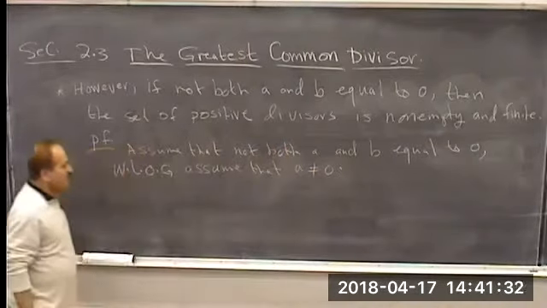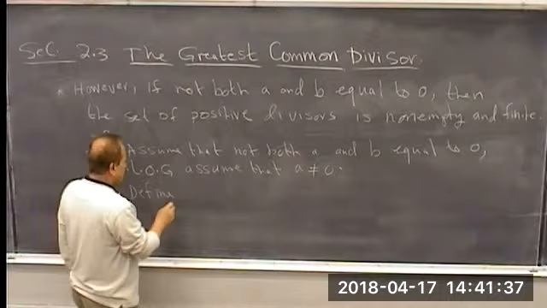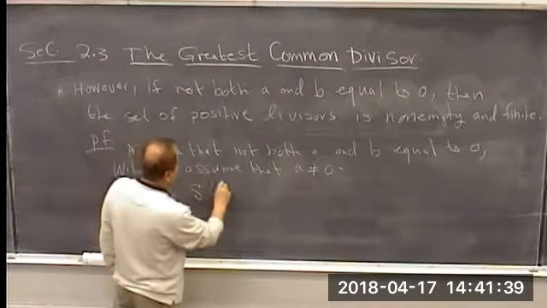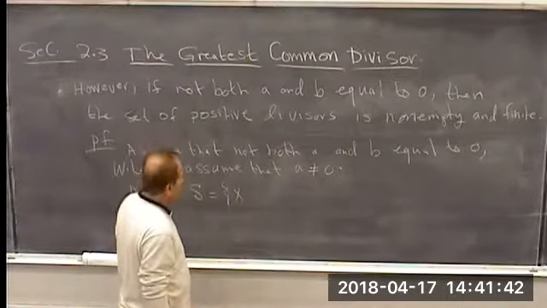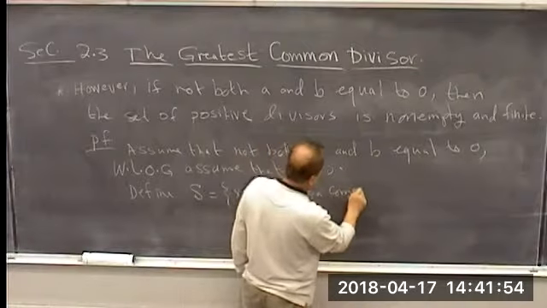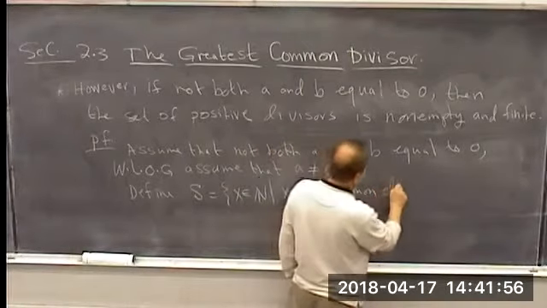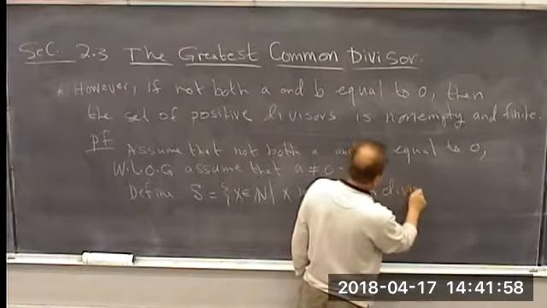We're going to define this set. We're going to define S to be those x in the natural numbers such that x is a common divisor of a and b.